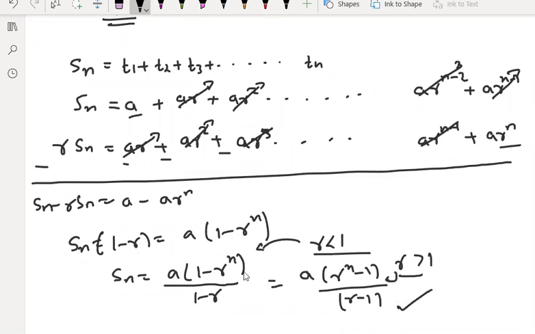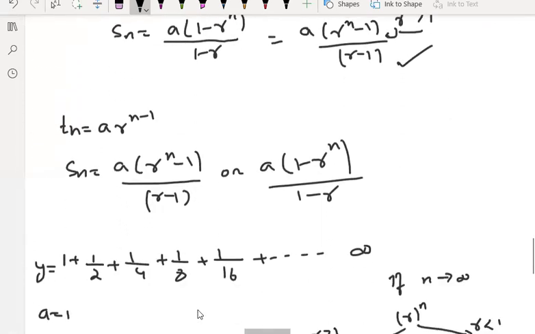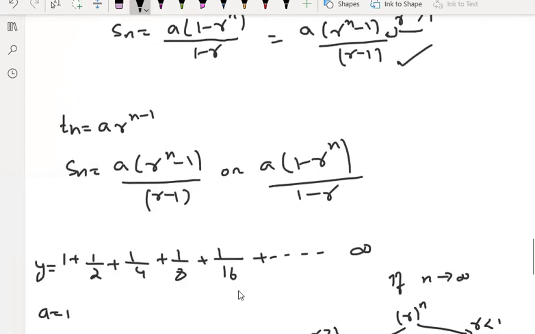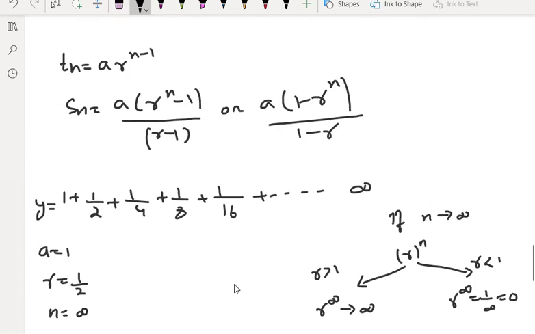After that we studied S infinity. If we want to find S infinity, we should ask what is the value of R: is it greater than 1 or less than 1? Why is it important?